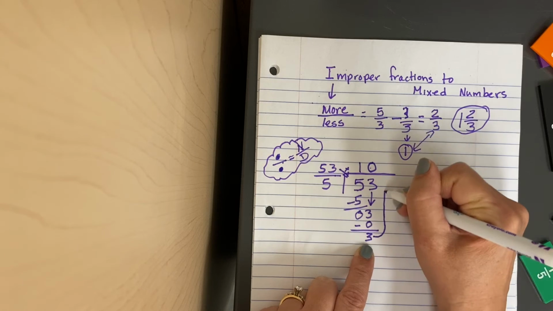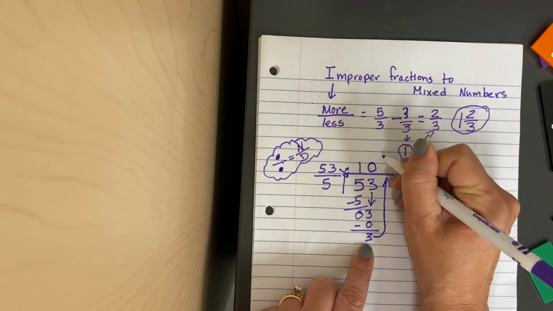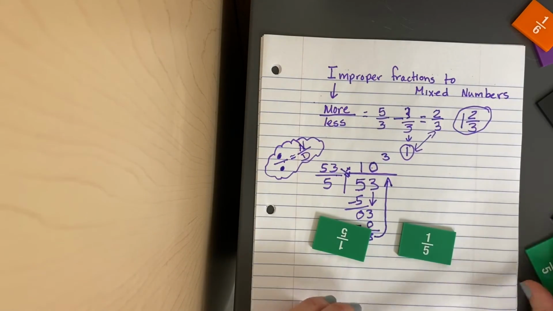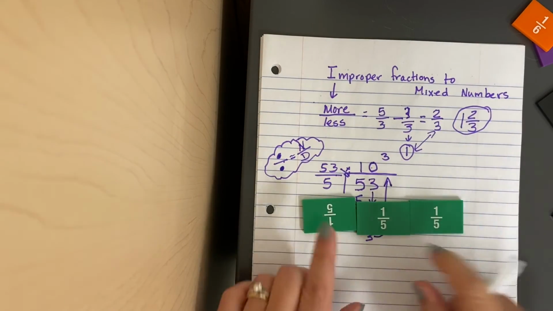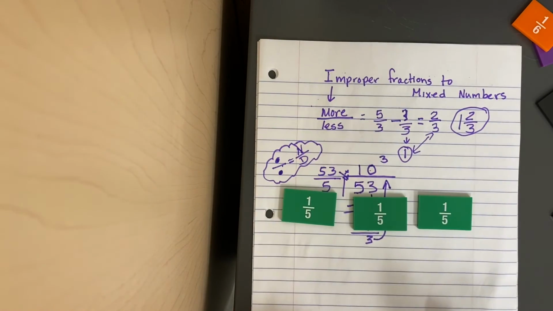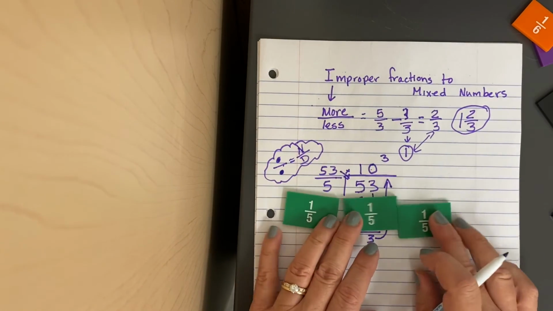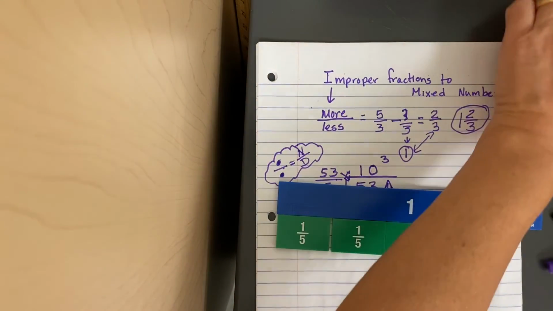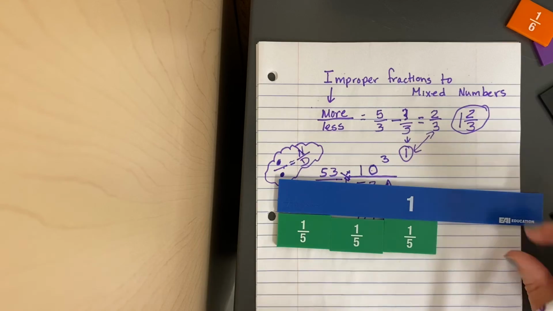I'm going to report this remainder as a fraction. I have 3. Let's look at what that remainder looks like. I have 3 pieces, 3 of these fifths left that we were dividing up, out of 5 that it would take to make a whole. So if I was trying to make a whole, I only have 3 of them.